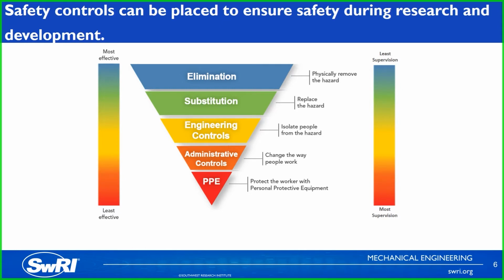As you're thinking through either designing or testing your prototype, you want to try and climb up the ladder as high as you can. Again, not everything can be eliminated. We understand that, but you can try and get as high as you can to test your prototype safely.